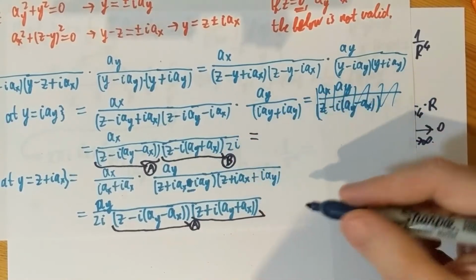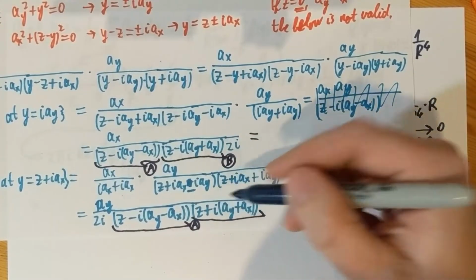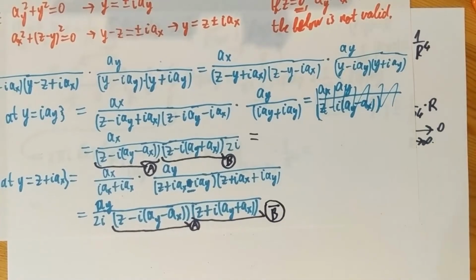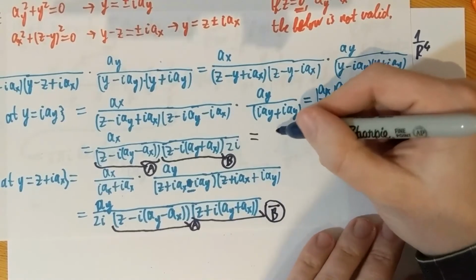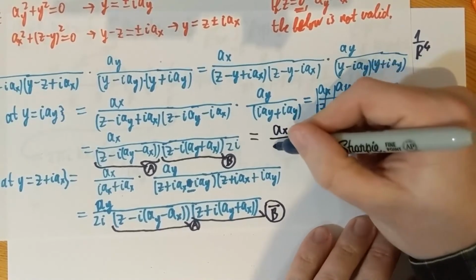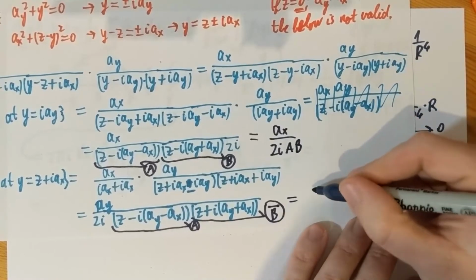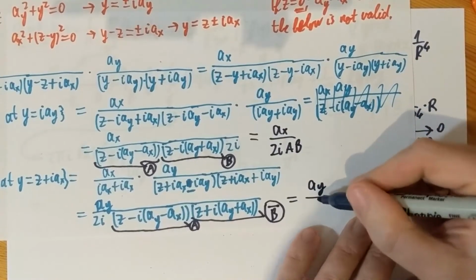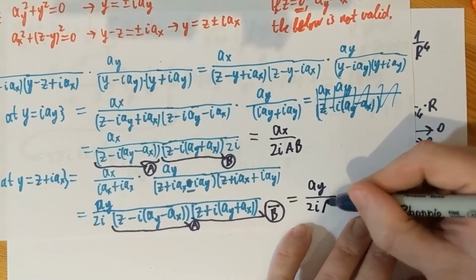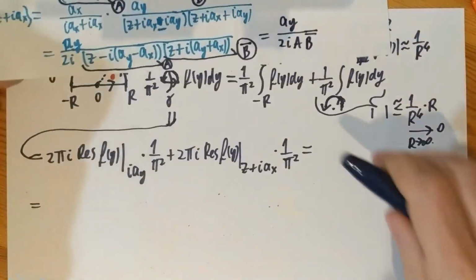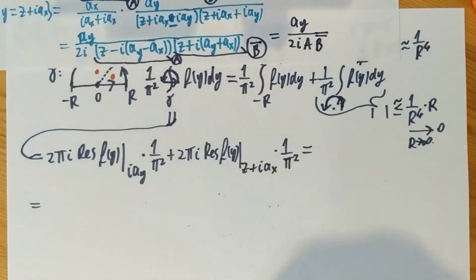Notice that the A's are real. The sign change for the complex part gives me the complex conjugate of B. So I'm going to say that here I have ax over 2iAB, and there I have ay over 2i A and the complex conjugate of B, where A and B are the things here. So let's see what happens if I add these two up.